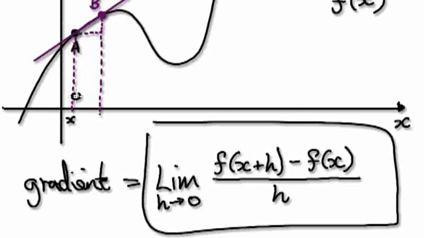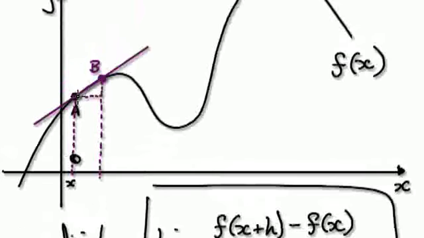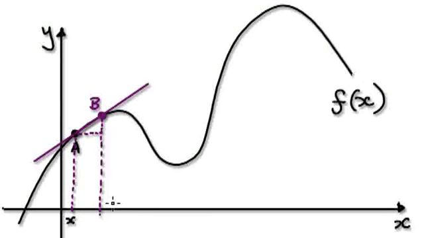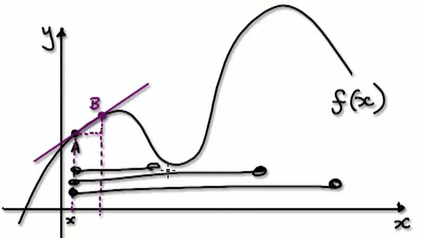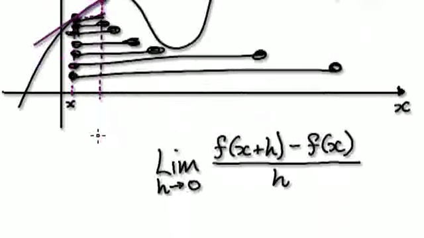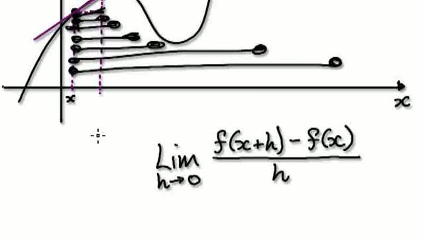Earlier we started out with h being really big, and then we made h smaller, and then smaller, and then smaller. Basically, we somehow force h to head towards 0.